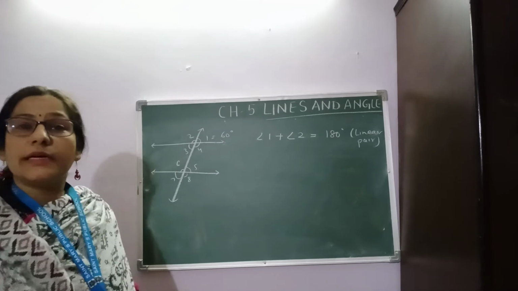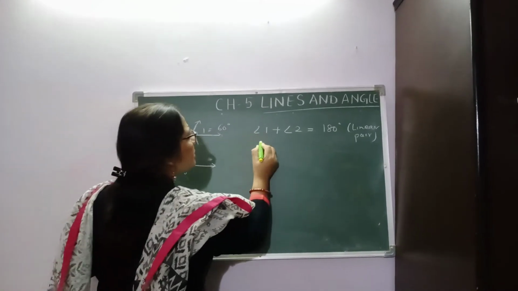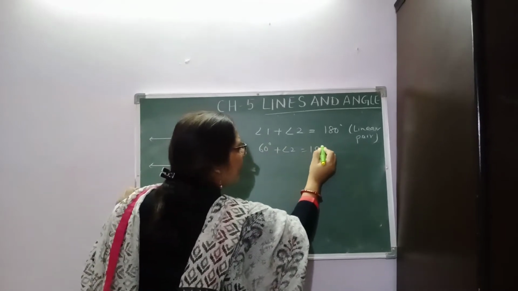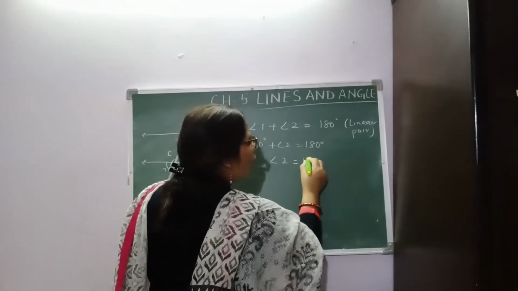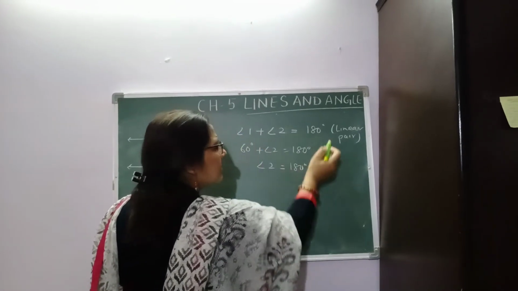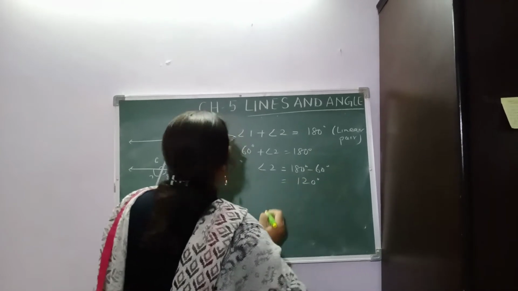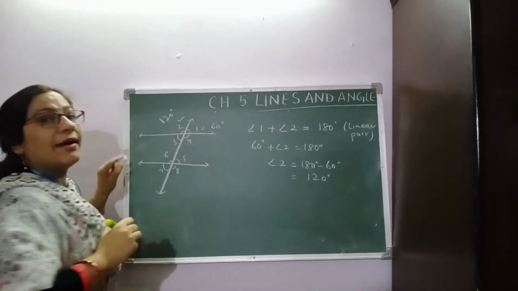We have already studied this in the previous class. Now angle 1 is 60 degrees, so the measurement of angle 2 is 180 minus 60, and you will get 120 degrees. So you got the measurement of angle 2.